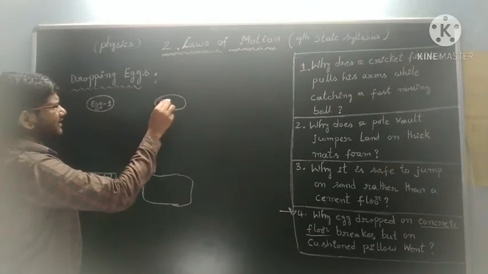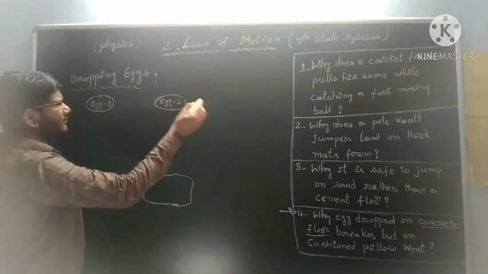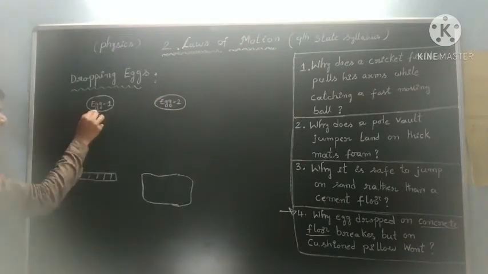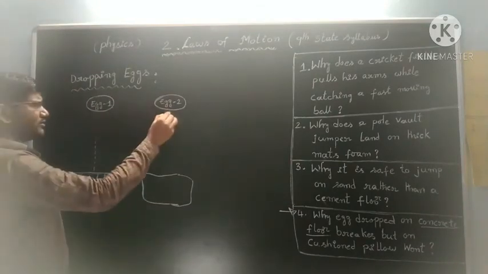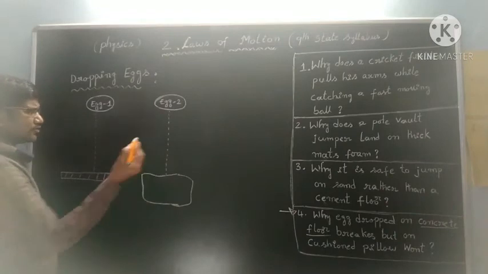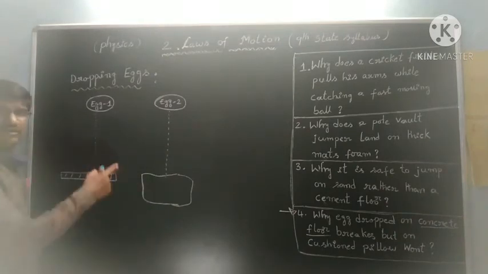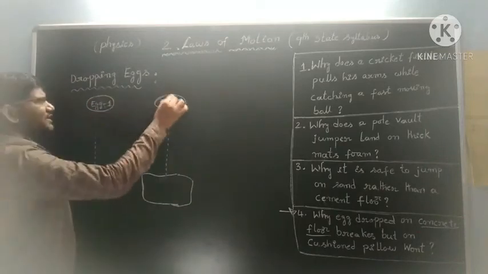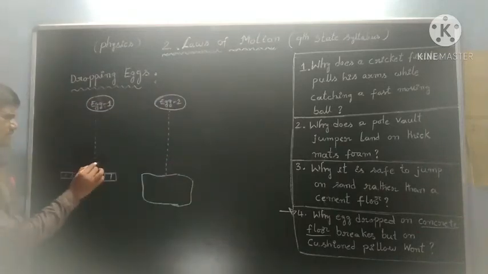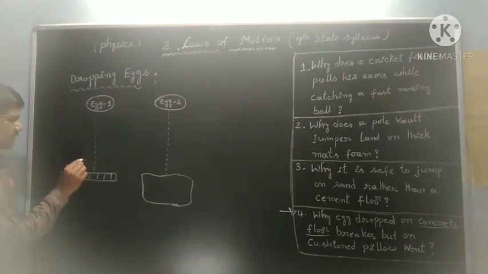So both eggs are at the same height, and we are dropping them on the cement floor and on a cushioned pillow. Initially eggs are at the same height. See, when the egg comes from here to here, it picks up some speed.